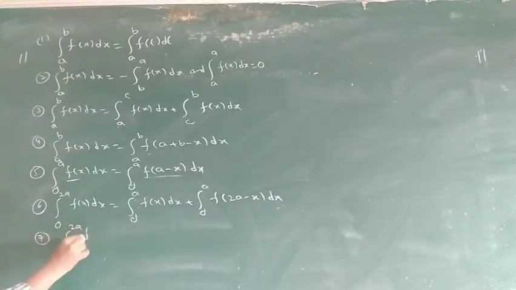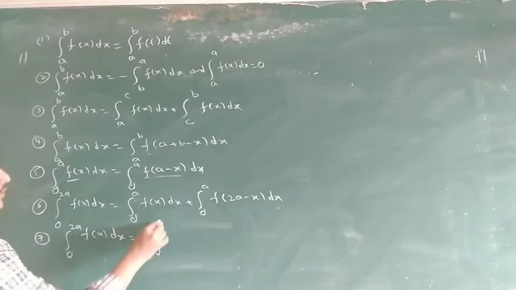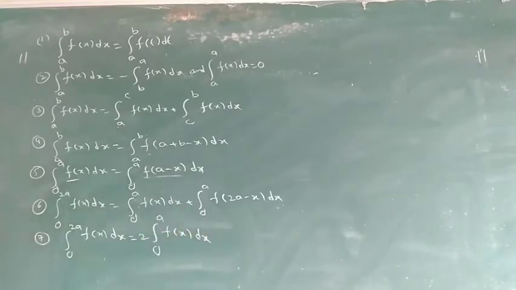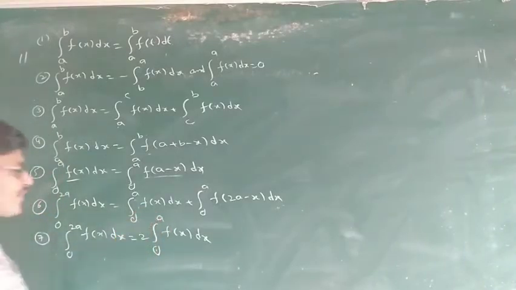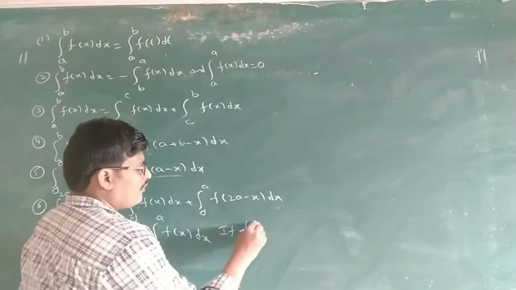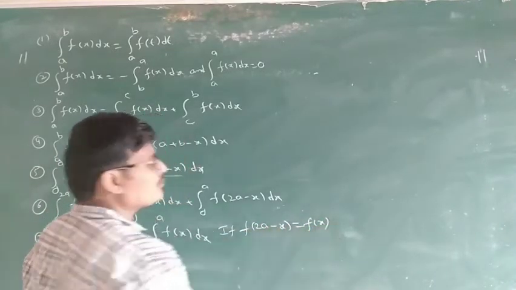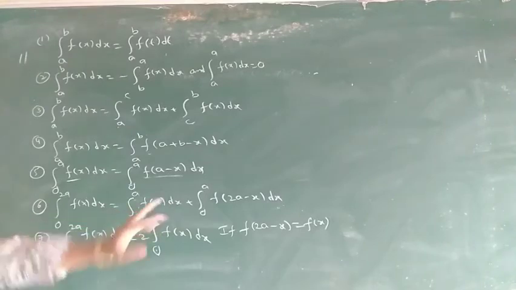Integral 0 to 2a f of x dx is equal to 2 into integral 0 to a f of x dx when f of 2a minus x is equal to f of x. f of 2a minus x means what? Lower limit plus upper limit minus x. So 0 plus 2a minus x.